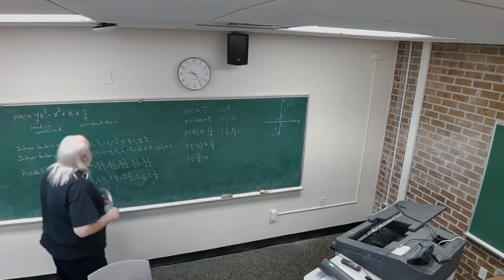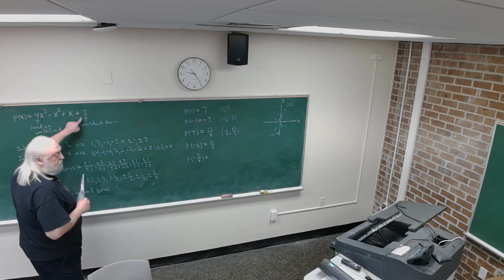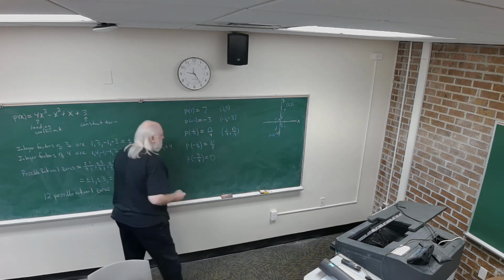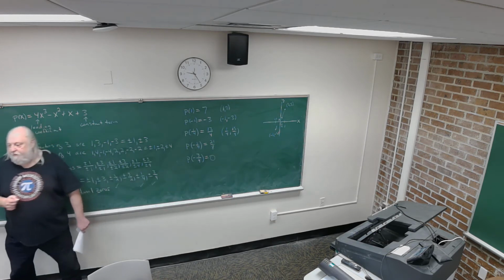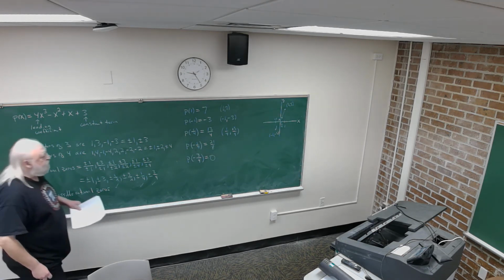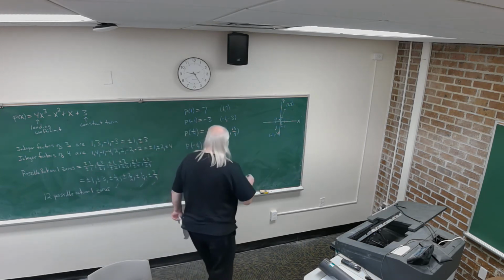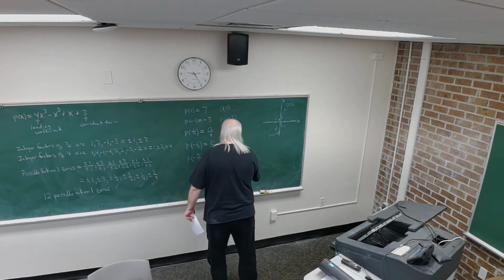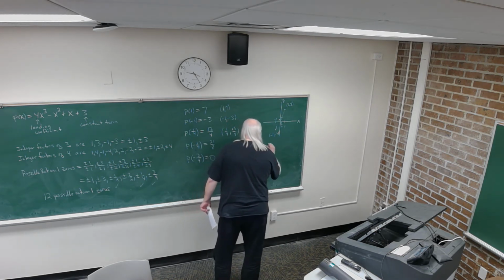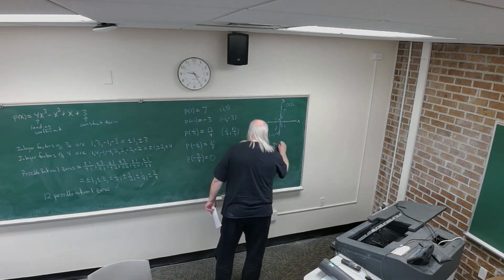And when I put -3/4 in for x, bingo. The value of the polynomial function is 0. P of -3/4 is equal to 0. And so x equals -3/4 is a 0 of p of x, right?